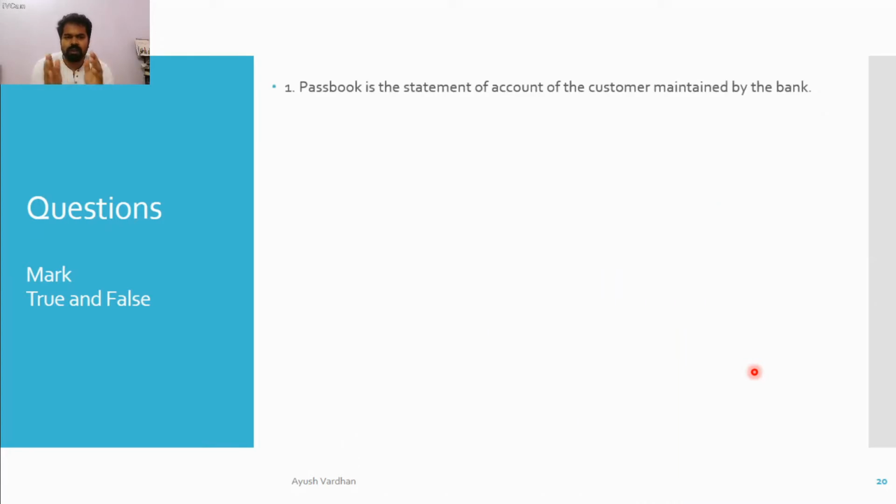Now the next question is, we have to mark true or false here. The first statement is, passbook is a statement of account of the customer maintained by the bank. Yes, it's obvious, it's true. The passbook is a statement that the bank gives to us.